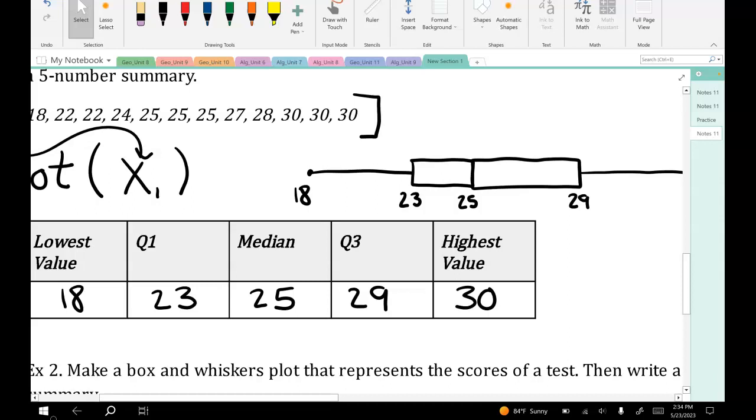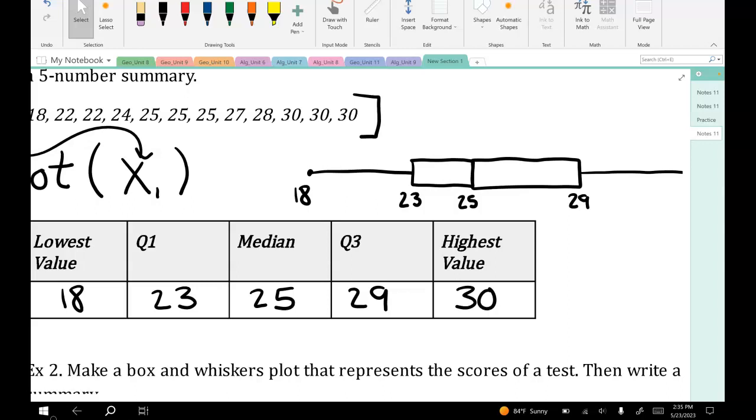So on this hiking trip, you could say that 50% of the hikers are less than 25 years old, and 50% of the hikers are older than 25 years old. We also say that 25% of the hikers are between the ages of 18 and 23, and 25% of the hikers are between 29 and 30. Also, 50% of hikers are between 23 and 29.